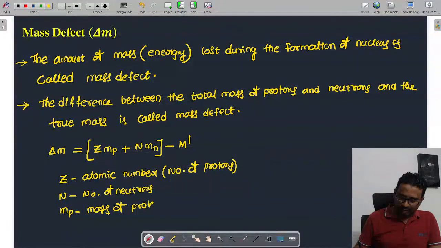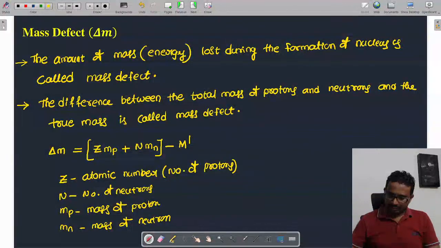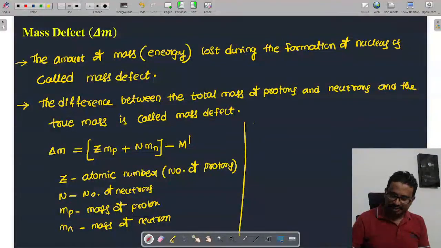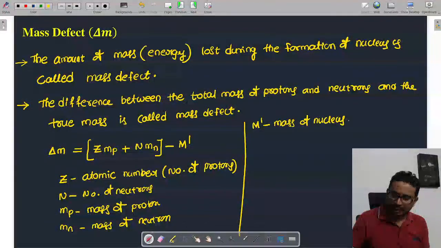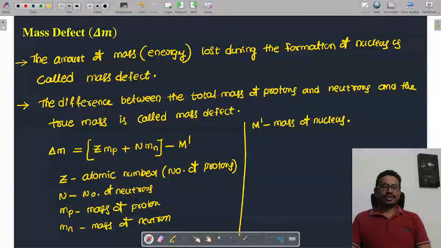Mn is mass of neutron. And this M dash is mass of nucleus.